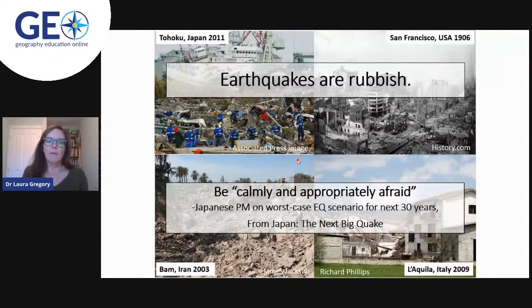And that was stated by the Japanese Prime Minister. Japan has a lot of earthquakes, and he said we should be calmly and appropriately afraid. And I think that's completely true when we start thinking about earthquakes. But us as scientists can really contribute to this problem, because we can start to understand the fundamentals of why earthquakes happen and where they might happen.